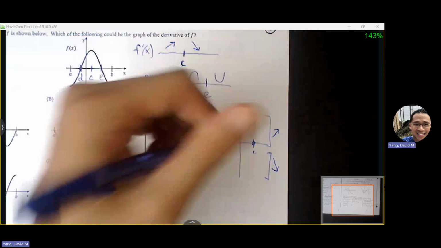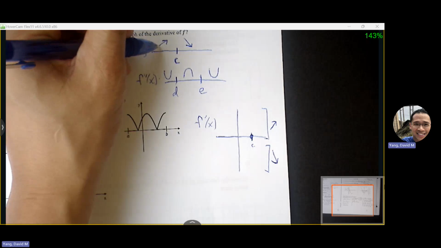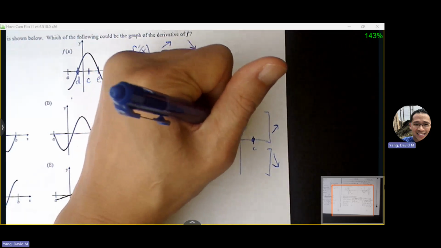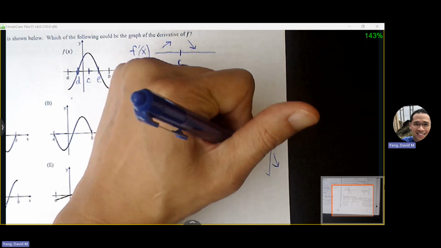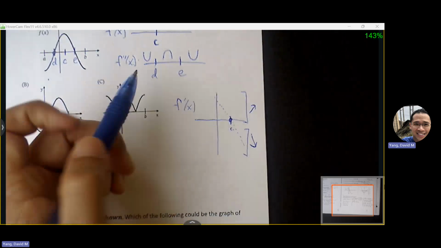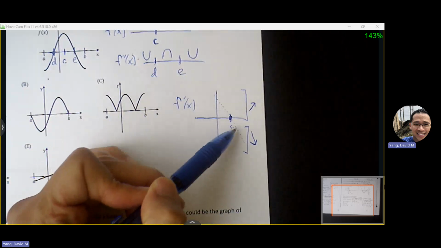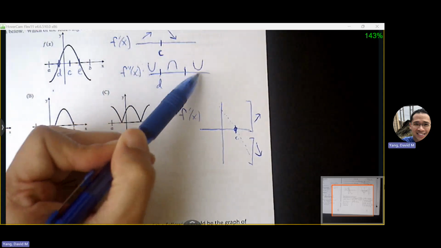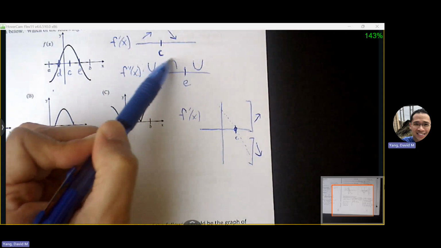The graph is going to start off above and end up below. So it's going to be something like this. There's more to it than that, but I know at least it needs to start off here and end here.